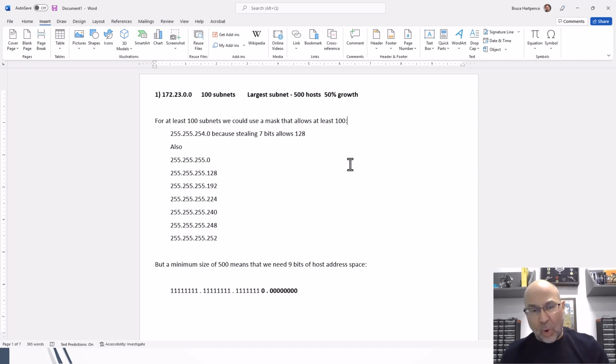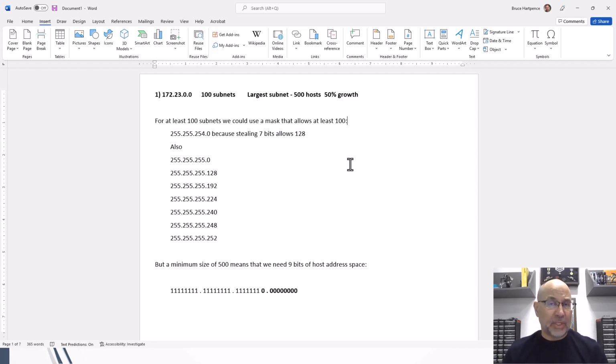But the next requirement is that we need 500 hosts in the largest subnet, which means that we need a certain number of bits for this 500 host subnet. Well, how many bits do we need for 500 hosts? Well, 8 bits is 256, a full class C size address space.